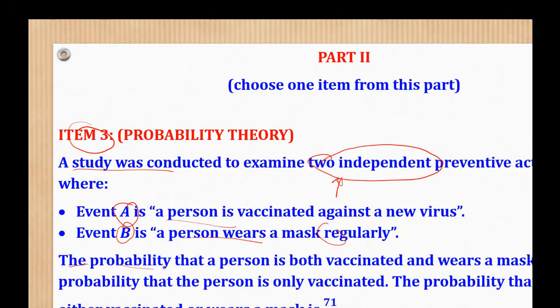The probability that a person is both vaccinated and wears a mask is twice the probability that a person is only vaccinated. The probability that a person is either vaccinated or wears a mask is 71 over 75.